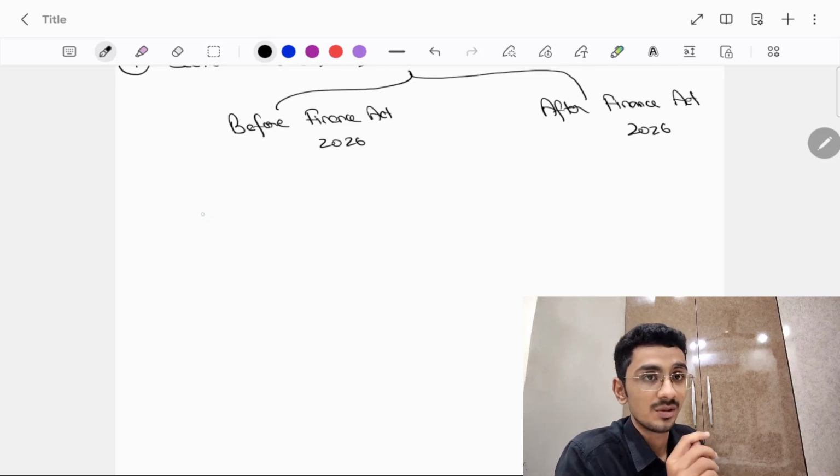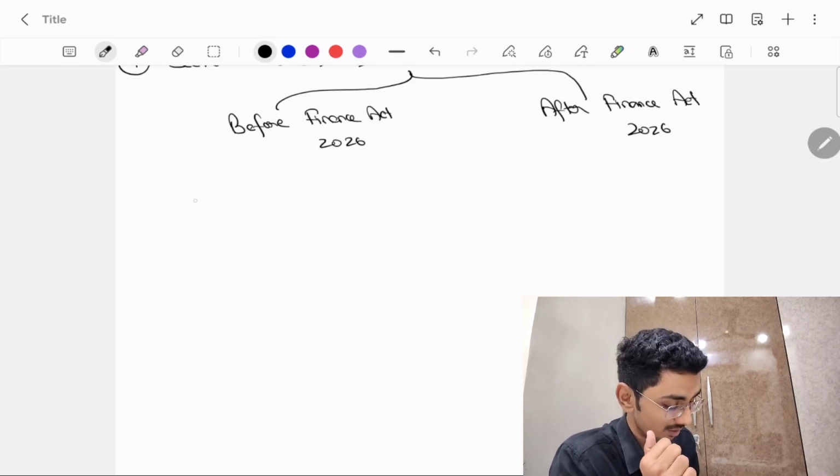In case, as per value of supply provision, if you want to comply with value of supply provision, there should be two conditions.